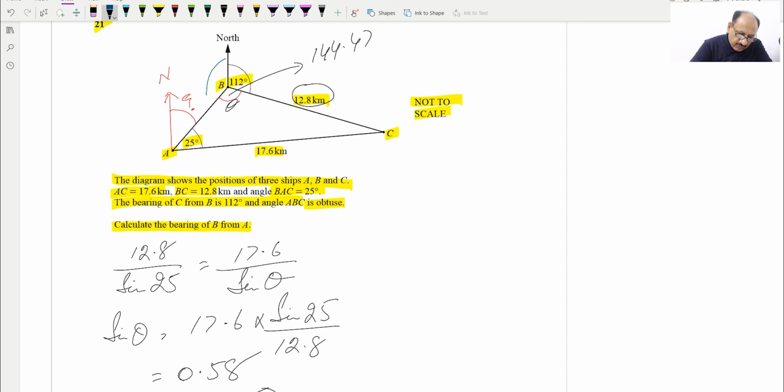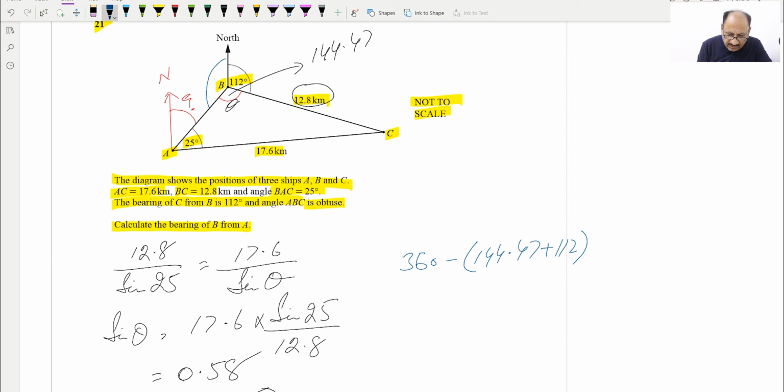We are looking for this angle, and this angle will be 360 minus 144.47 plus 112.